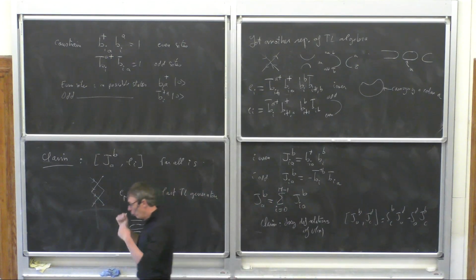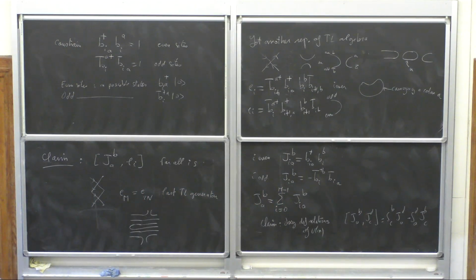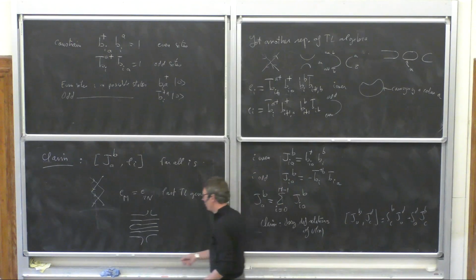And because the fugacity of the loops comes simply from the number of bosons that can propagate on it, I have a loop model where now all the loops should have the same fugacity n.